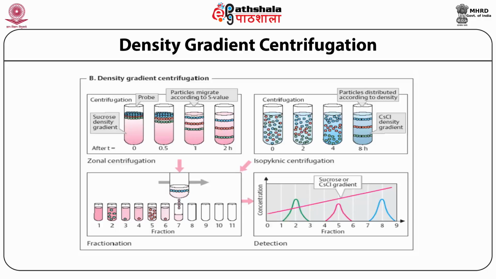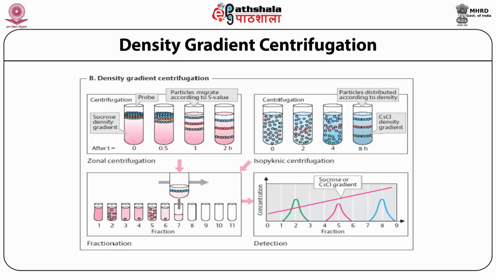After 0.5 hours the molecules start separating. After 1 hour more separation occurs, and after 2 hours all molecules are separated according to their S value at different positions in the tube. In the case of differential centrifugation, the molecules are mixed and then centrifuged at different hours, like you can see 2 hours, 4 hours and 8 hours.